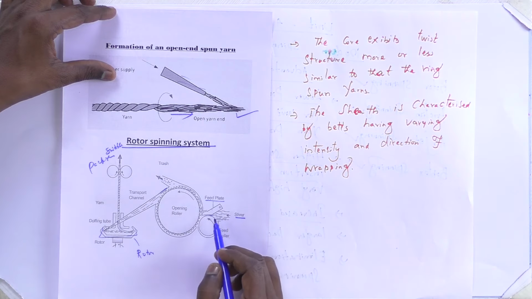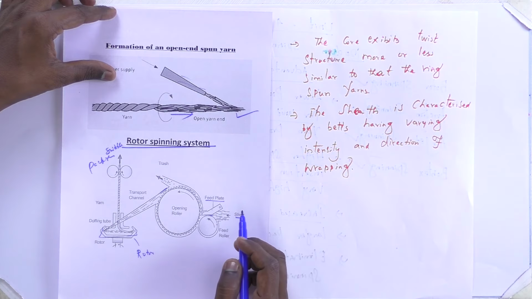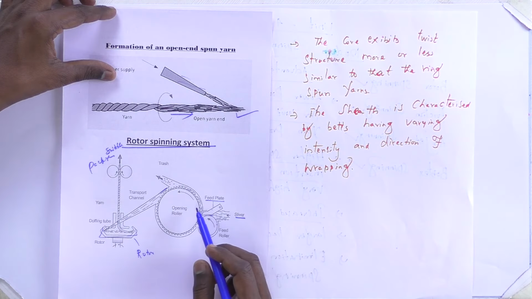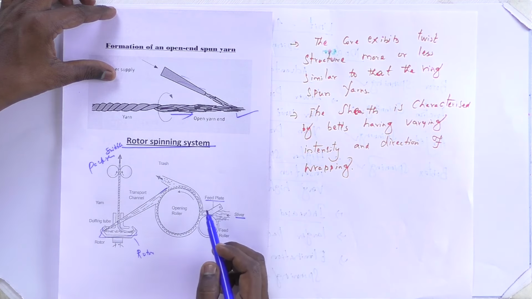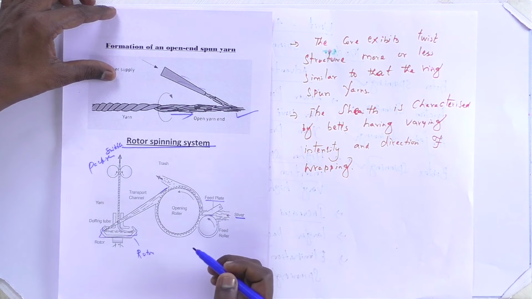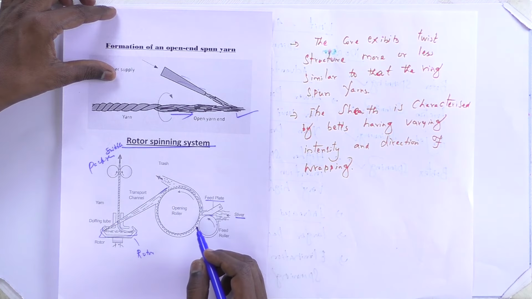The same arrangement is applied here: in a carding machine we use a feed plate, feed roller and licker-in arrangement, and here we use a feed plate, feed roller and opening roller arrangement. The rotation of the opening roller and the sawtooth on its surface remove the unwanted dust and dirt present in the material.